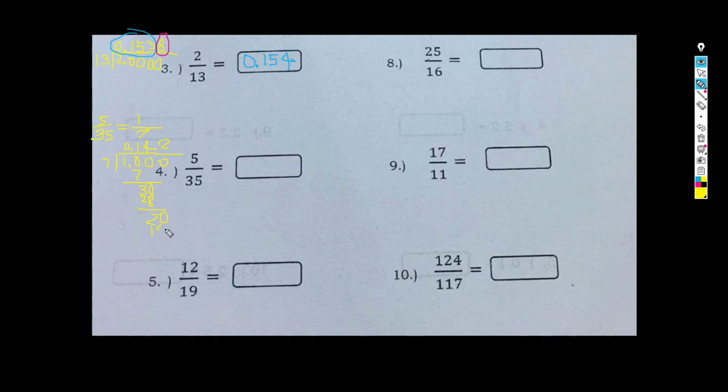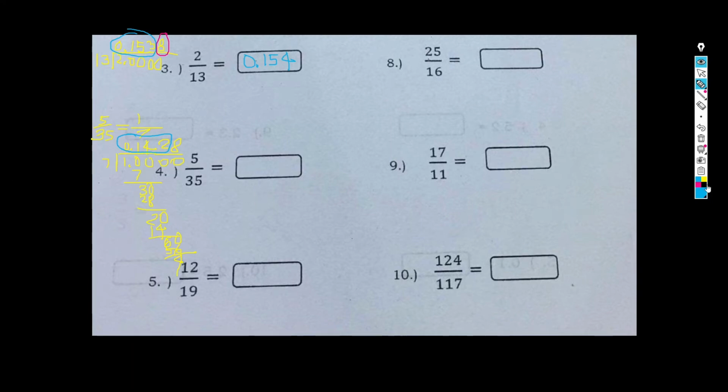That will be 14 here. 2 times 7, 14. 20 minus 14 is 6. Then another 0 for it to be rounded off. 60 divided by 7 is 8. 8 times 7 is 56. Remainder 4.